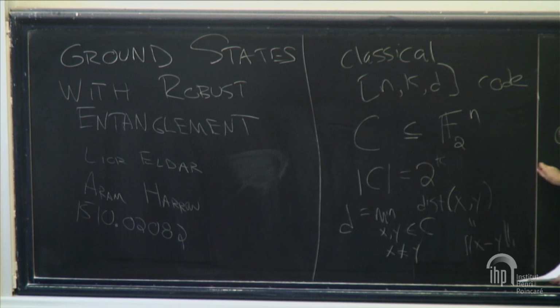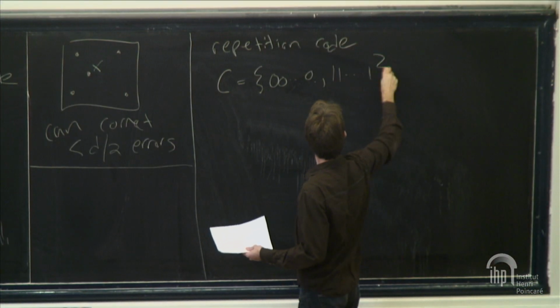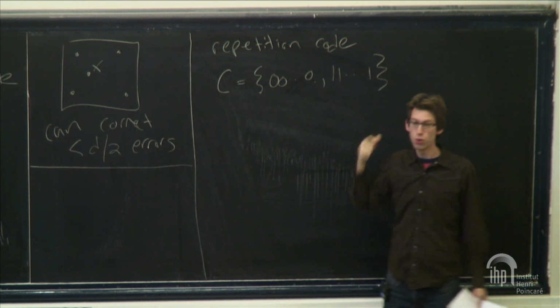I'll give you a few examples. So one easy example of a code is the repetition code. So the repetition code means the simplest code you can imagine. You just have 2 code words.